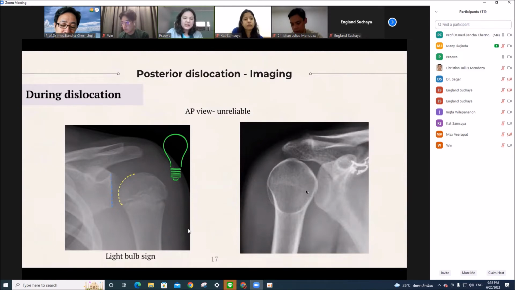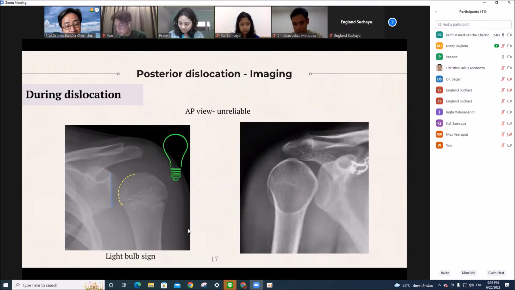And actually there will also be widening of the glenohumeral space. We call that the vacant glenoid sign. This is the widening of the glenohumeral joint space, right? But the deformity is not obvious, right? If you look quickly you can easily miss it. Yeah, sometimes it looks very normal.